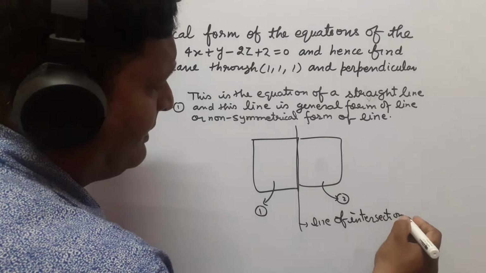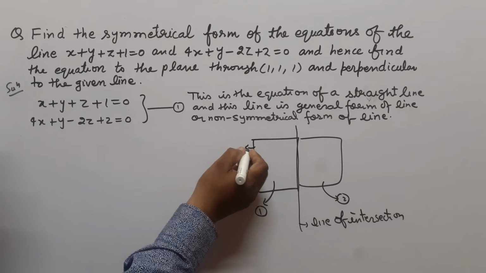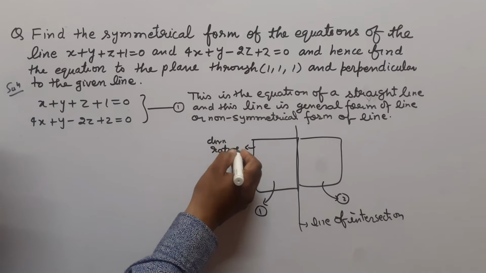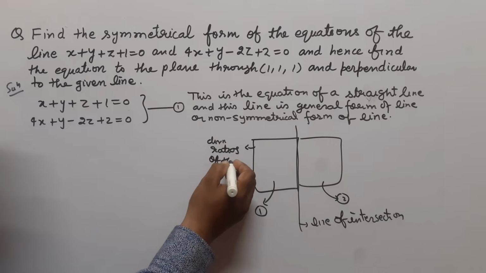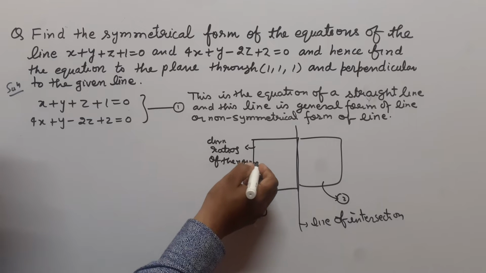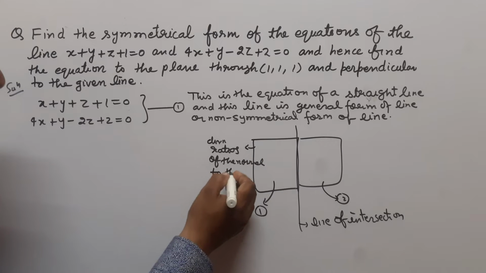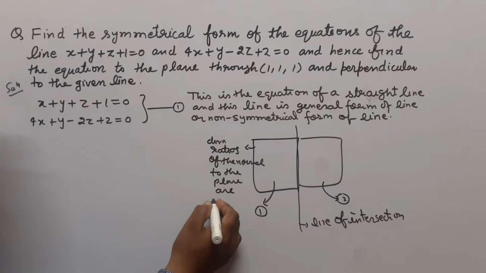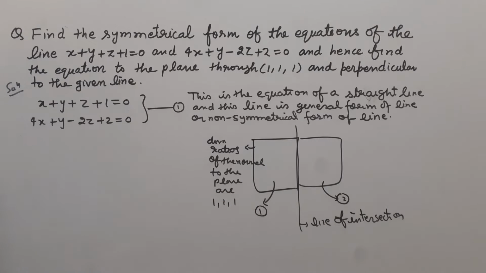Here the direction ratios of the normal to the plane 1 are 1, 1, 1, because we know that in the equation of the plane, the coefficients of x, y, z are the direction ratios of the normal to the plane.